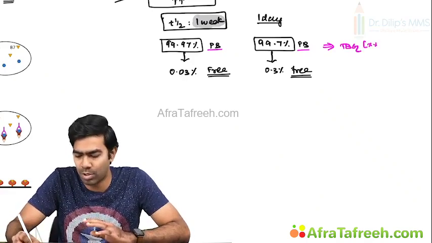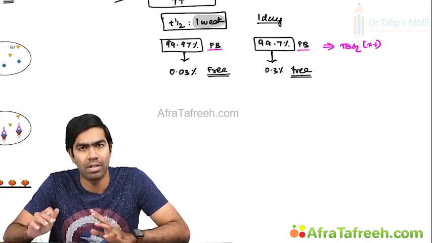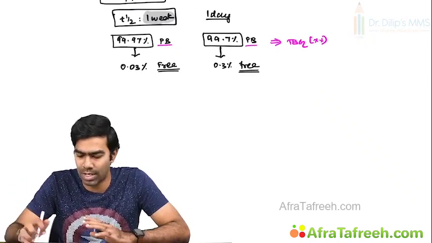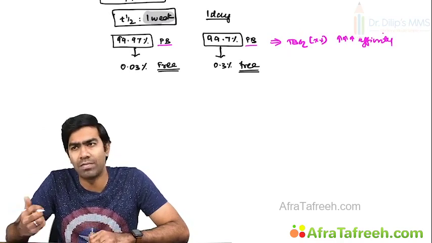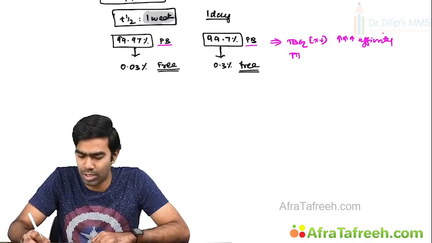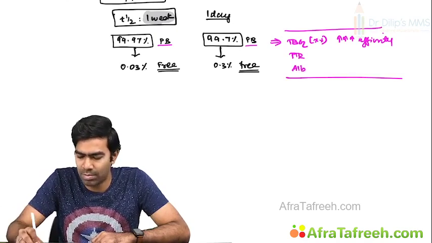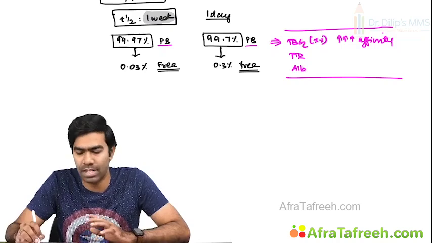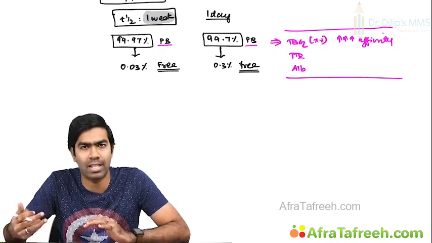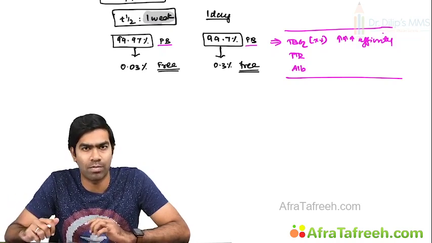This is the most important, and maximum binding will happen with TBG only, because it has the maximum affinity for thyroid hormones. The second one is a protein called TTR, transthyretin, and the third one is albumin. Albumin has the least affinity, but capacity-wise albumin is the maximum. TTR, we know, is the protein that carries thyroid hormones in the cerebrospinal fluid and into the brain.